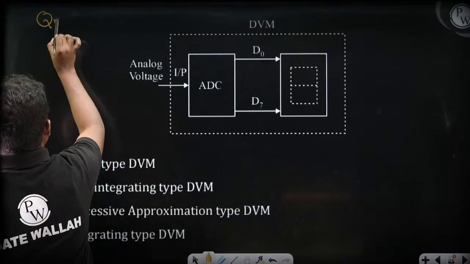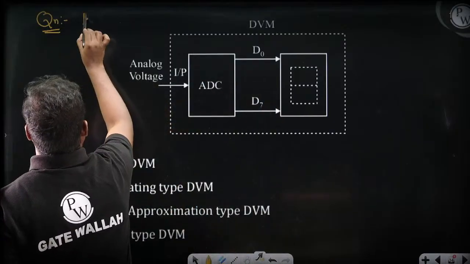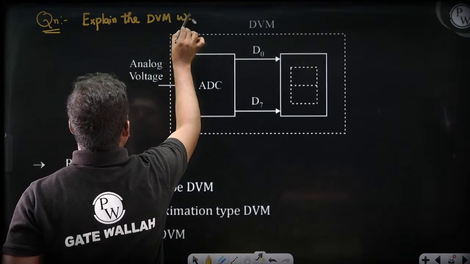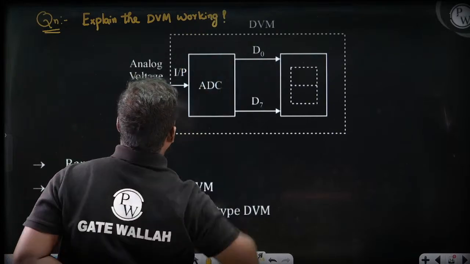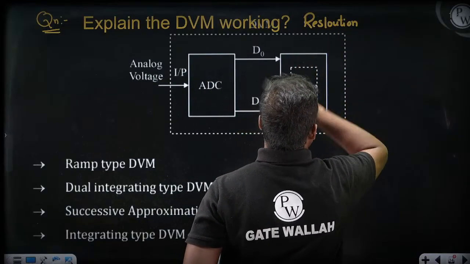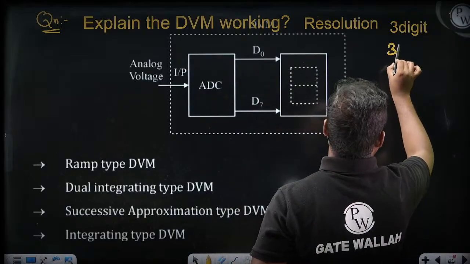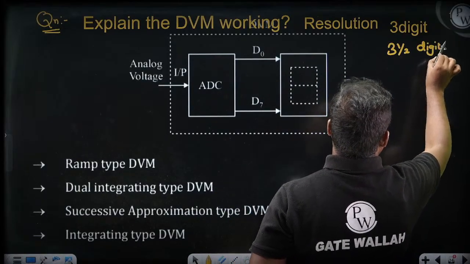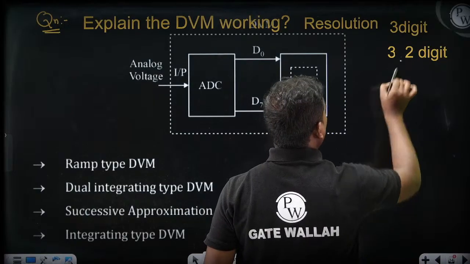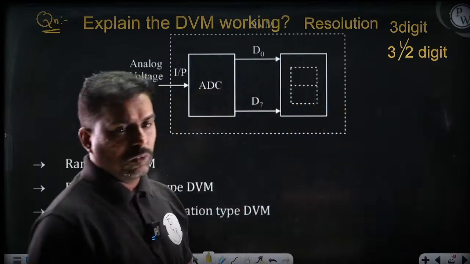Next IES question I'm taking: explain the DVM working, digital voltmeter working, and resolution of 3-digit and 3.5 digit. Okay, make a note of these points.